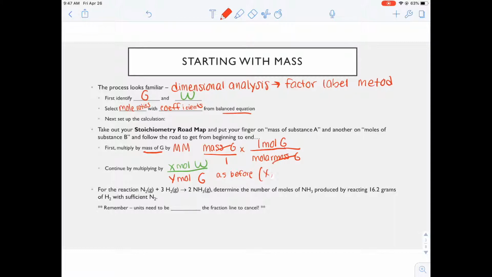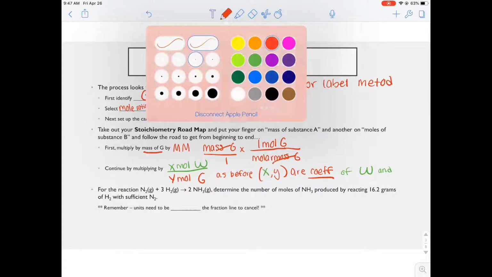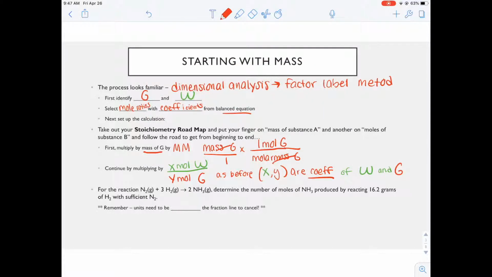And in this case, X and Y are coefficients of the wanted and the given in the balanced chemical equation.